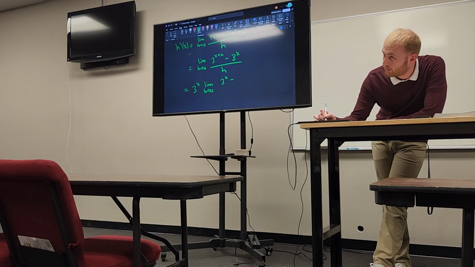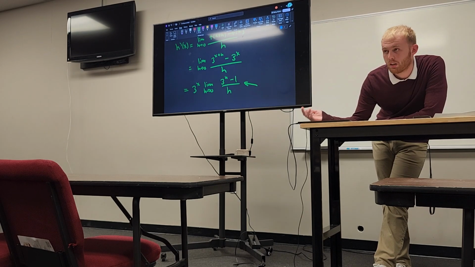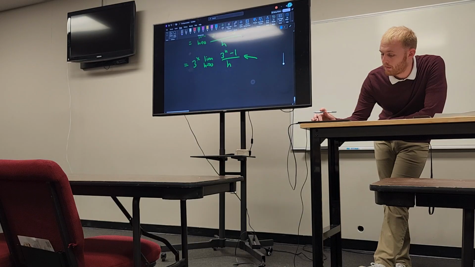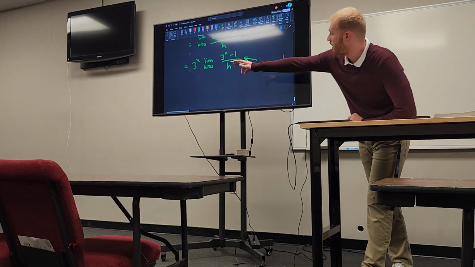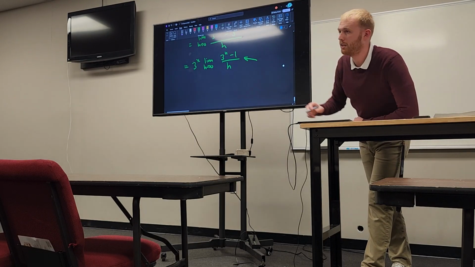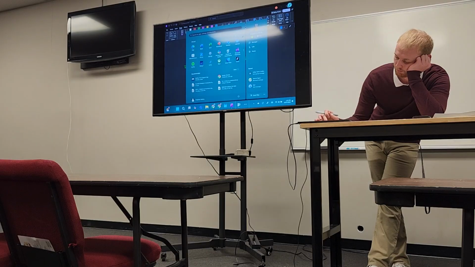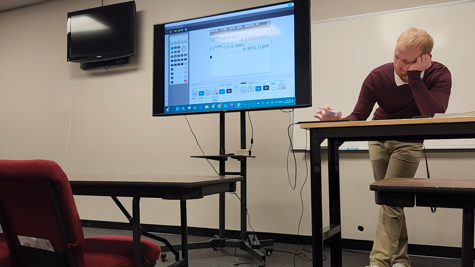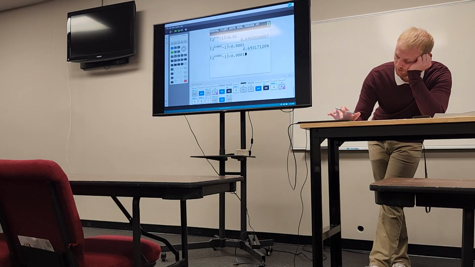We just factored that out. Okay, let's plug in some small values of h here, because the derivative of 3 to the x is itself times some proportionality constant. Now I just need to change the 2 to a 3.